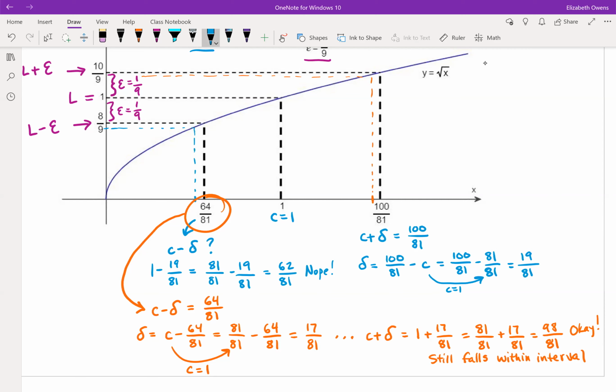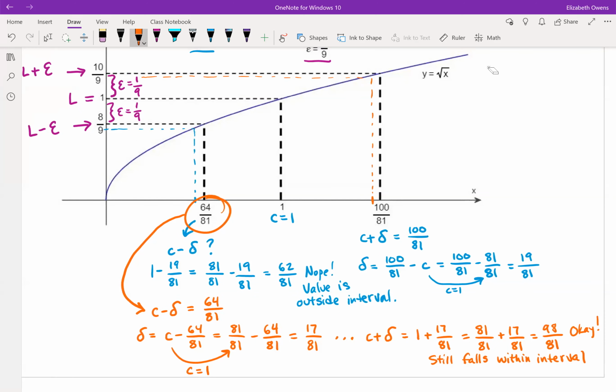Whereas our previous delta, the one that did not work, is outside the interval, and we don't want that. So if we have to choose between these two different delta values, 19 over 81 versus 17 over 81, we're going to go with the smaller one, 17 over 81, because it was okay and allowed our values to still fall within the specified interval.